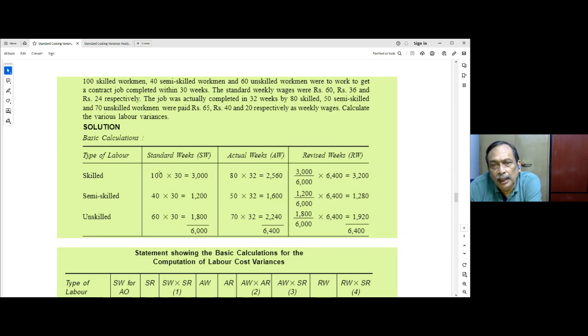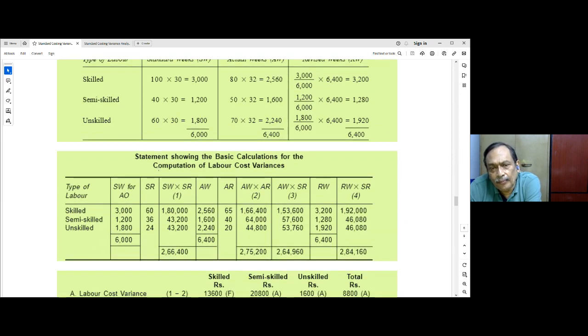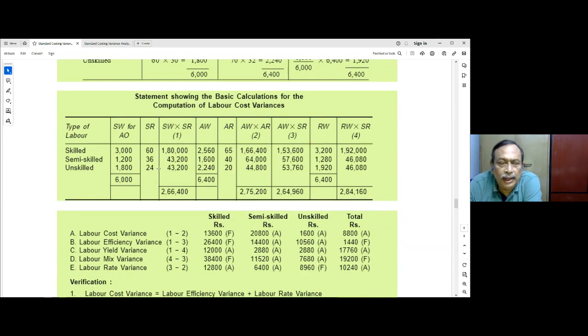Now, here also there is no idle time. Hence, we are going to calculate the labor cost variances, keeping in mind there is no idle time, and we write a statement showing the basic calculations for the computation of labor cost variances.